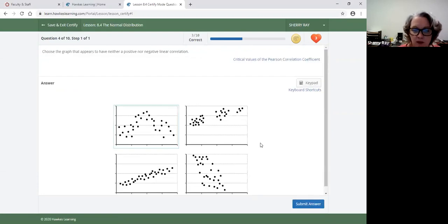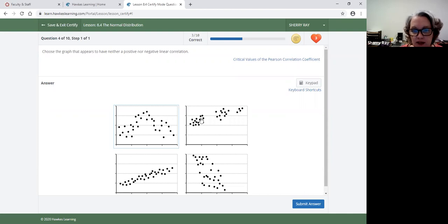I'm glad that this popped up because there are a couple questions on here, but they're actually from section 8.5, which we're not doing. But if it talks about a linear correlation, that means that your scatter plot, or basically a bunch of plotted points, resemble a pattern of a line. We're going to choose the graph that appears to have neither a negative nor positive linear correlation.